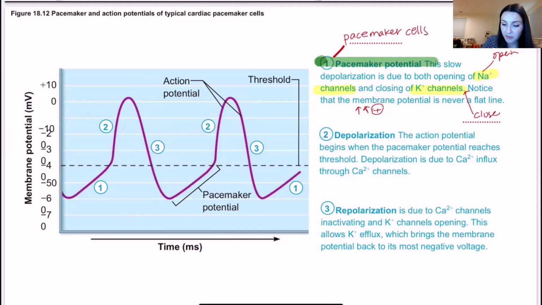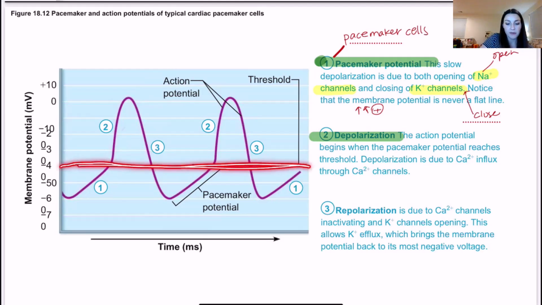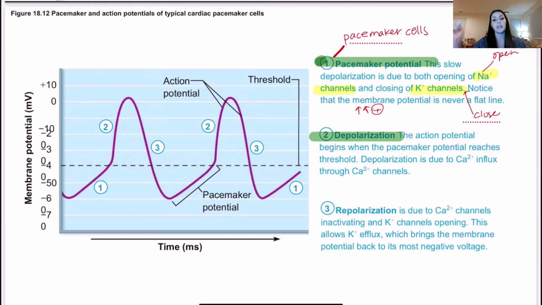All right, so speaking of step 2, that is actual depolarization. And this is actually when action potential begins. When action potential begins, the pacemaker potential has made its way up to the threshold. So here's our threshold potential here. That's the voltage at which action potentials can absolutely happen.